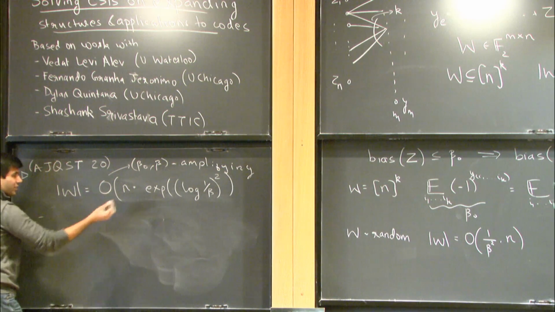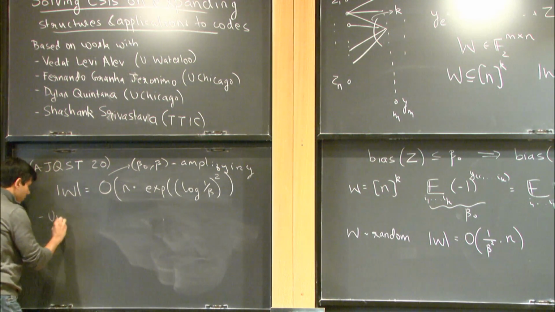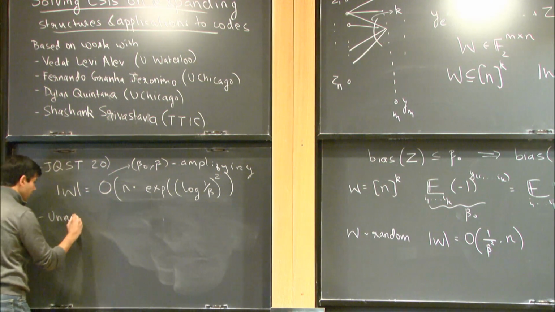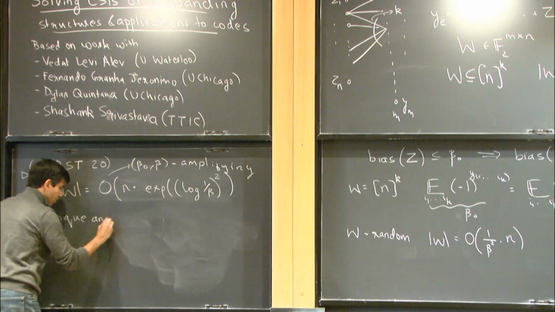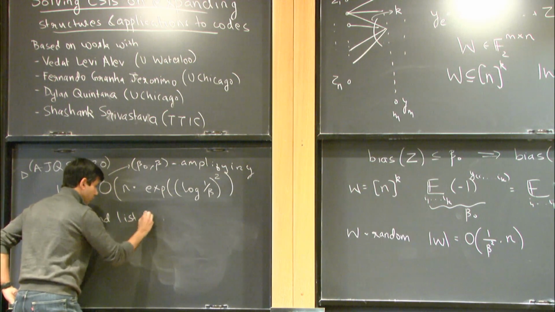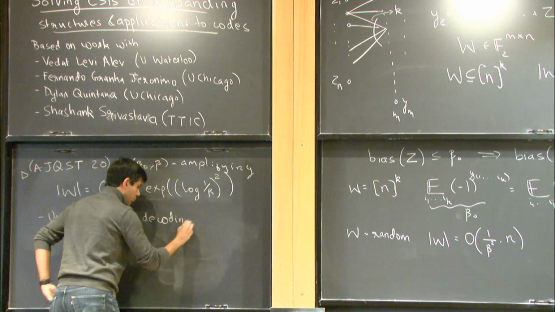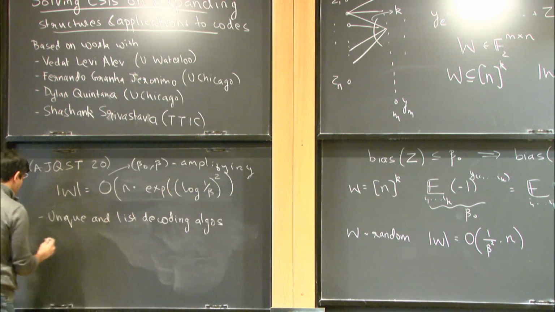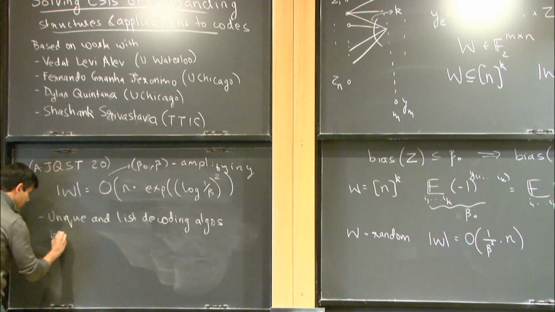What is new is you initialize it with slightly different parameters, and you can get unique and list decoding algorithms for the direct sum.